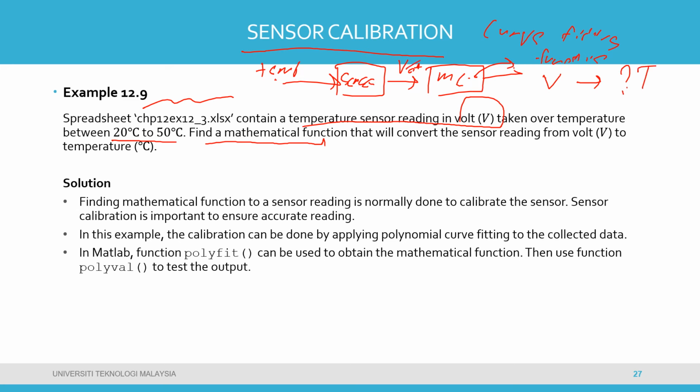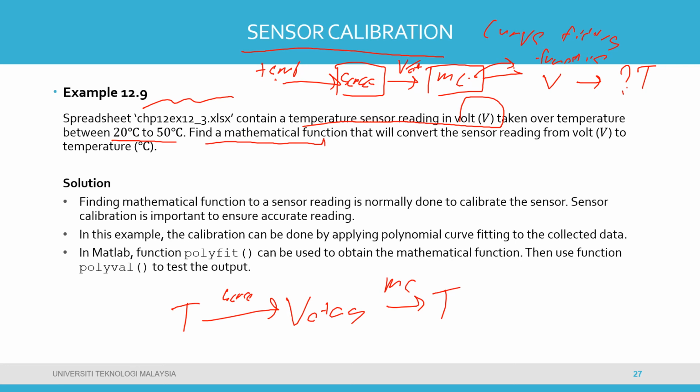That is how the sensor works. So the temperature is converted to voltage by the sensor, and then the microcontroller converts this back into the temperature. Usually in sensor applications we use this approach.